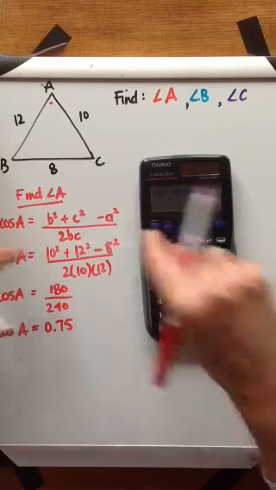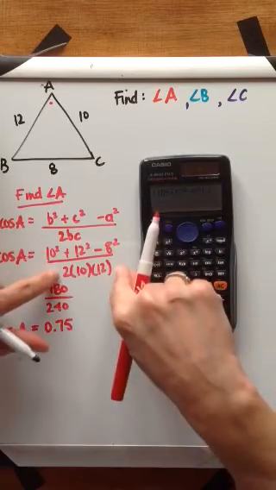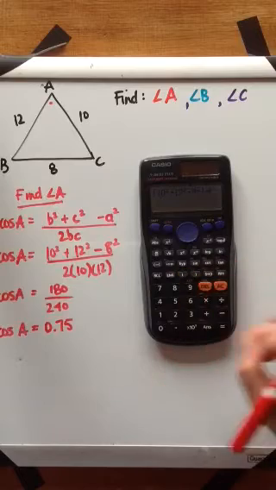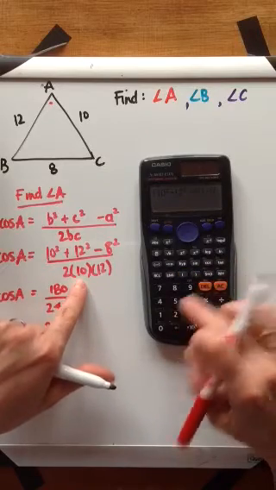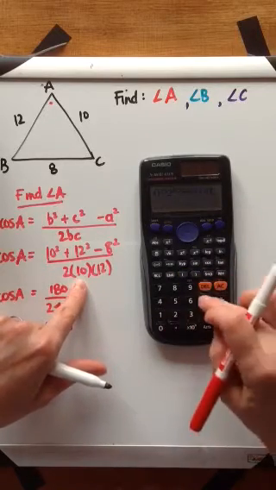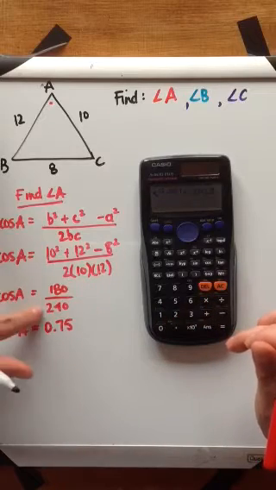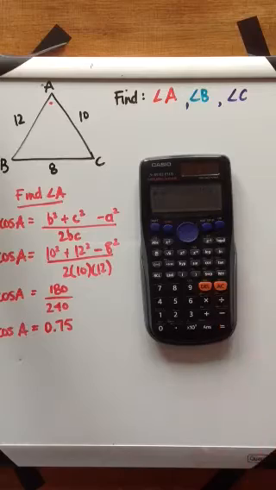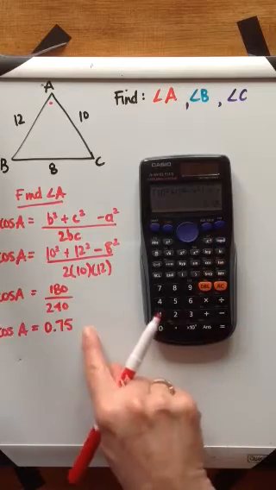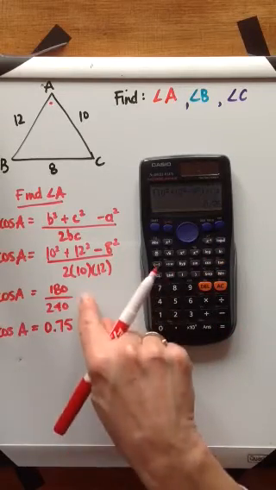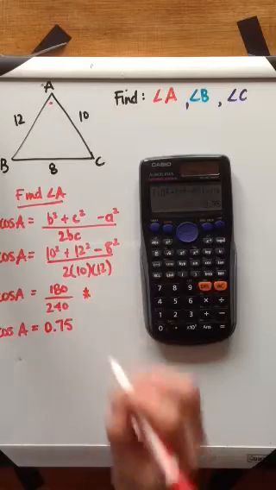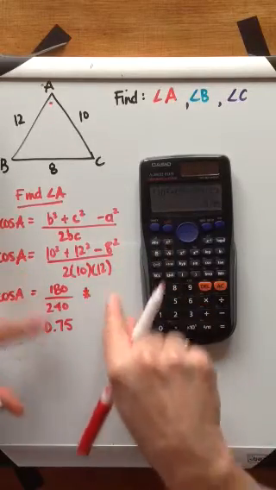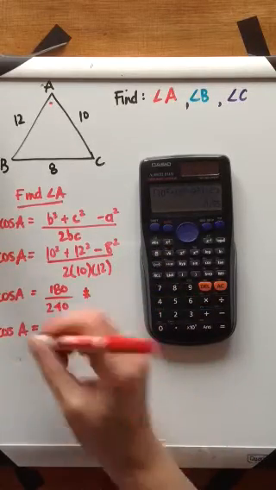There's the numerator piece. Divided by, and then I'll do the denominator piece in brackets too. 2 times 10, I'm not going to punch that separately, I'm just going to go 20 times 12, or like I did in my head down here, you could just put divided by 240, equals, and there you go, I got 0.75 the same way. Okay, so you don't have to do this intermediary step if you want to, but you got to be super careful that you punch it in correctly.